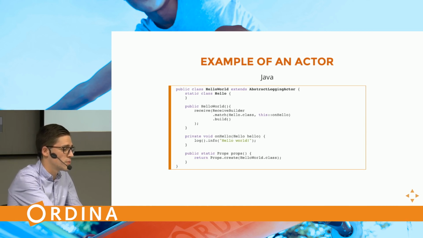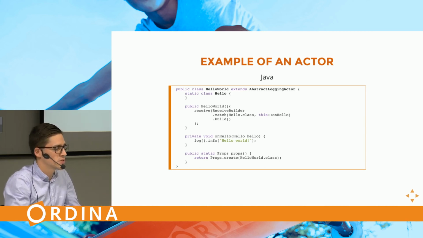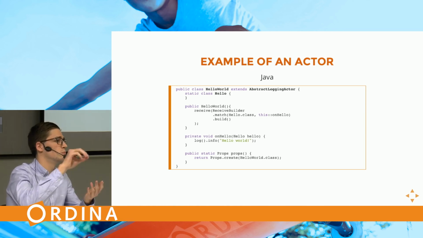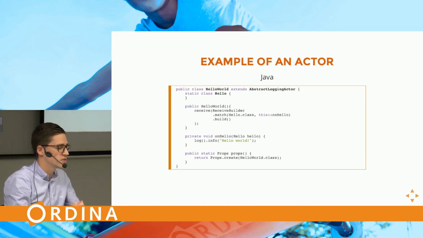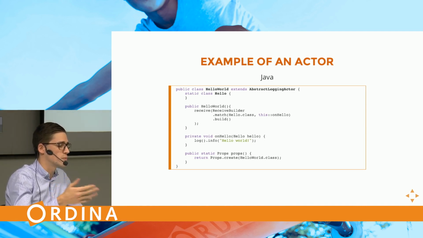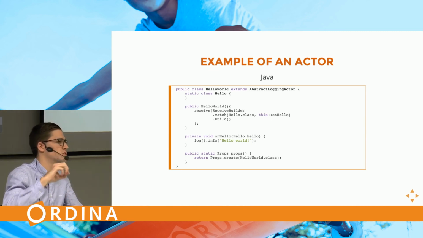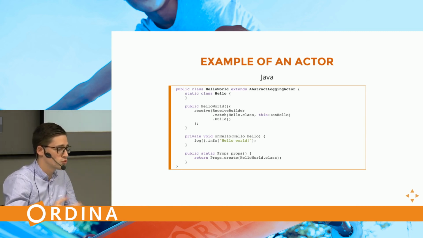In this example, we only define the single message, but you would just list multiple static classes in this case, so that when a different actor would want to send a message to this actor, it would just have an overview of all the messages that are being supported, and just out of ease for the developer doing the implementation.